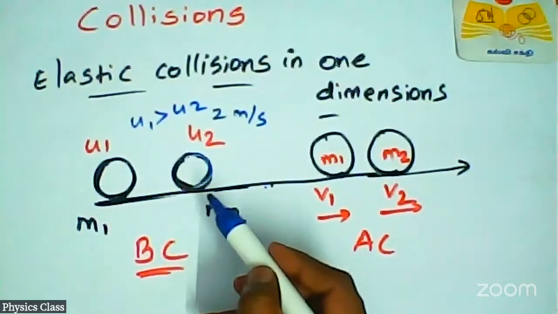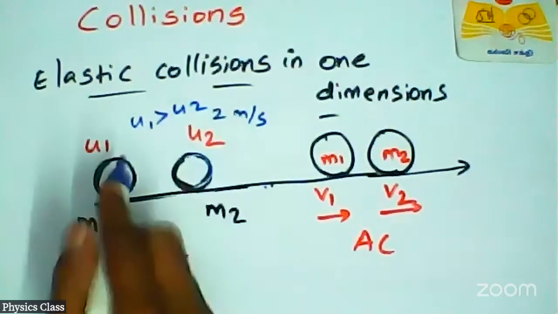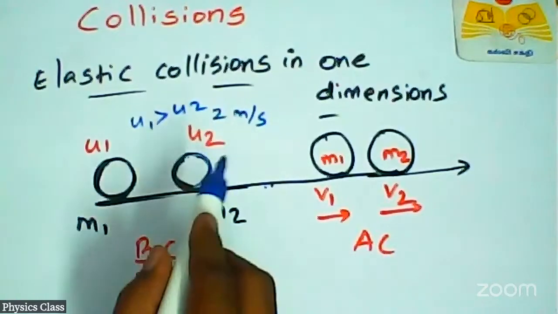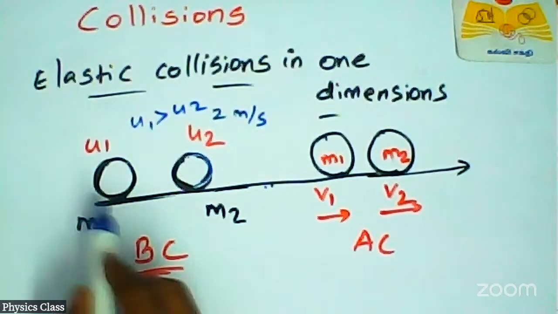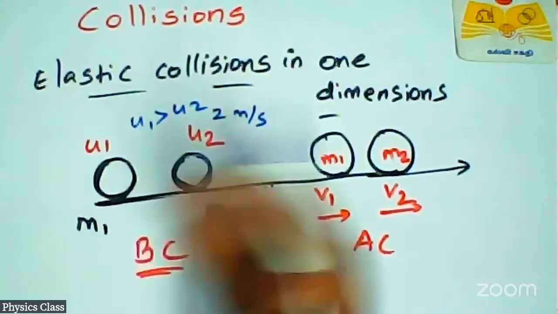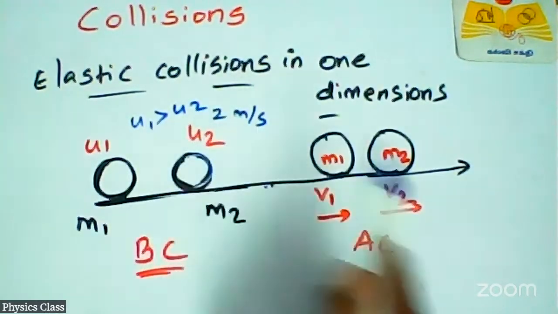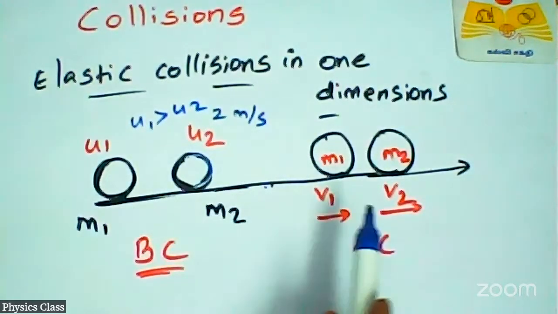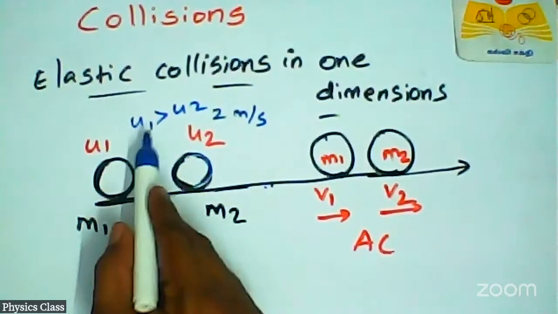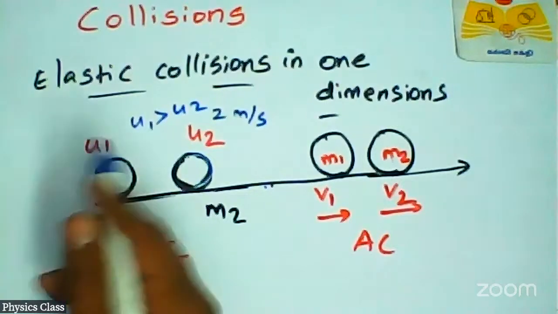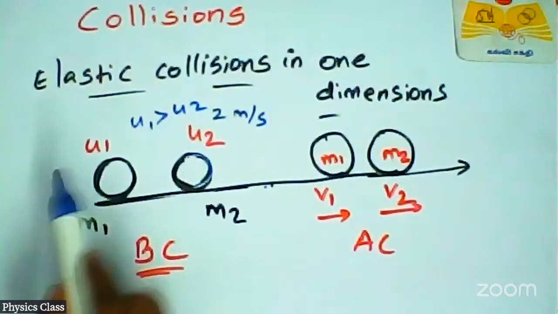Whenever objects collide, this object gives a force to the other and vice versa. This force changes the momentum. Momentum is mass times velocity; mass does not change, so only velocity changes. That is why u2 is converted into v2 and u1 into v1. So the condition for a collision is u1 greater than u2, that is, m1 is faster than m2.